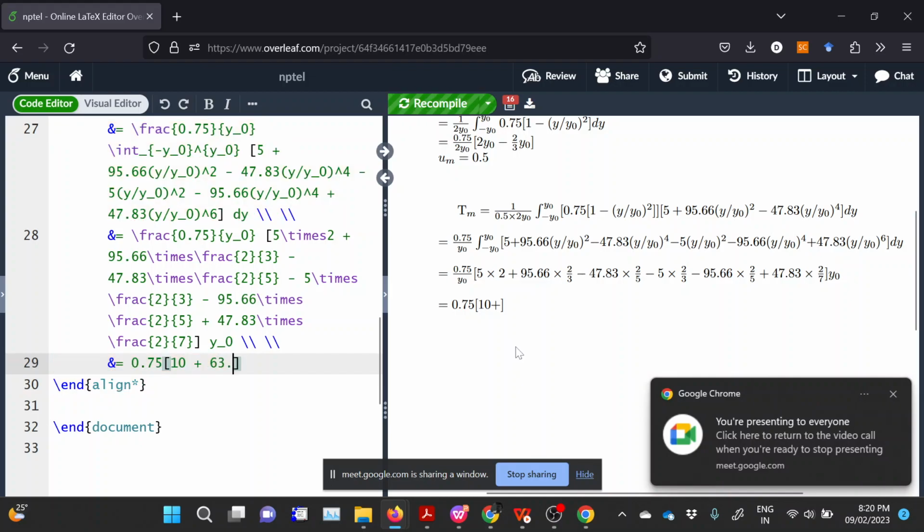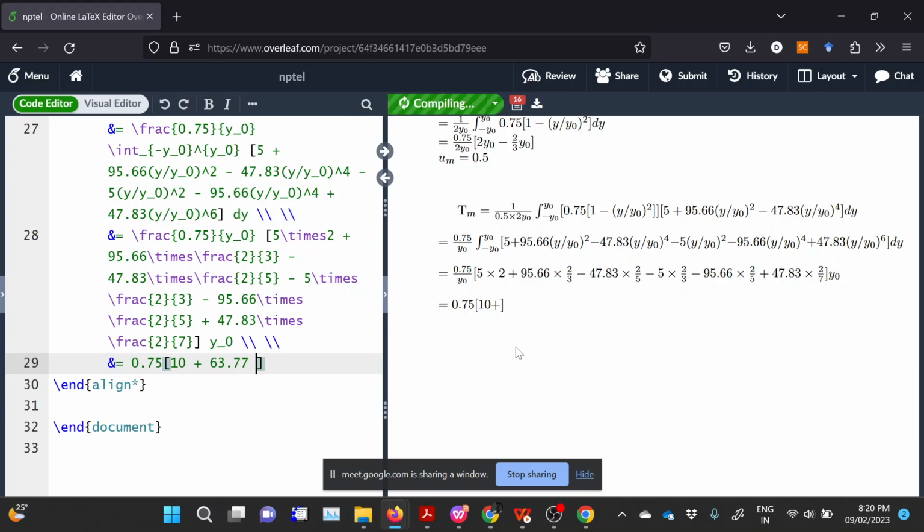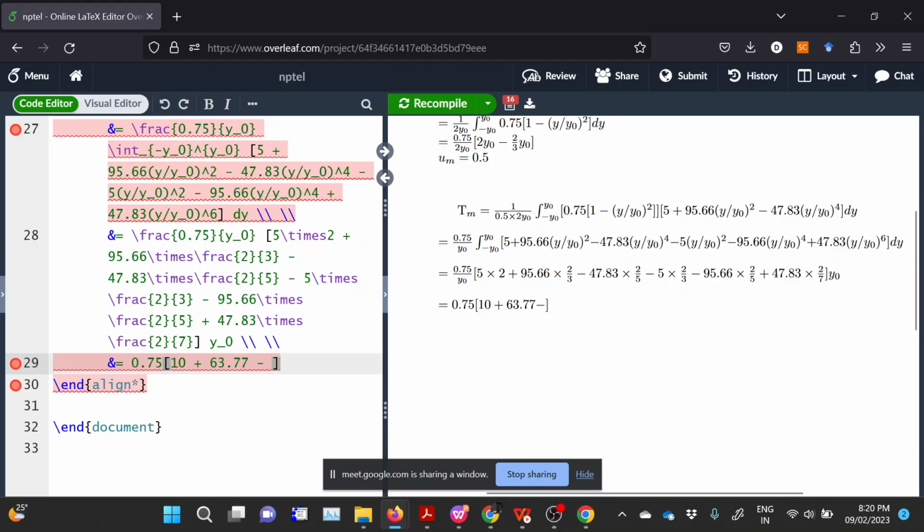So write down 63.77. Then minus of this thing, 47.83 into 2 by 5. What is that? The third term, 47.83 into 2 by 5. 19.13. Cool. Then another term is 5 into 2 by 3. That is 10 by 3, should be around 3.33.